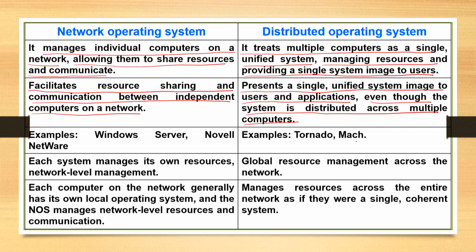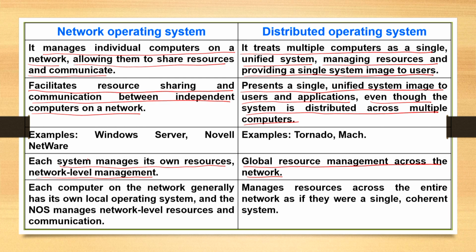Tornado and Mac are examples of distributed operating systems. In the network operating system, it manages its own resources at the network level, whereas in a distributed operating system, it has global resource management across the network.